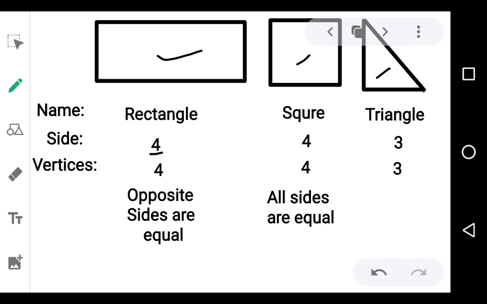There are 4 sides and 4 vertices. Now in a square again 4 sides and 4 vertices. In a triangle there are 3 sides and 3 vertices. But see, in a rectangle opposite sides are equal and in a square all sides are equal in length.